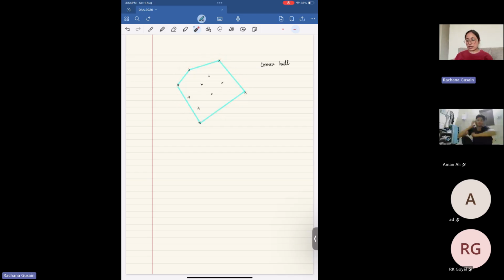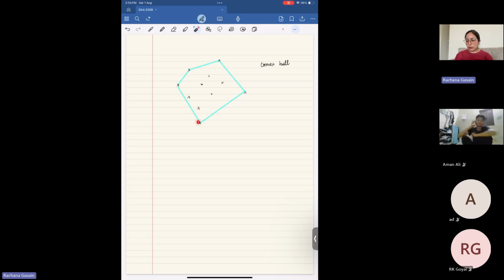All the points must lie inside or on the boundary of the string, and the perimeter of this string must be as small as possible. So it's going to be of a specific shape. The shape is a convex shape.